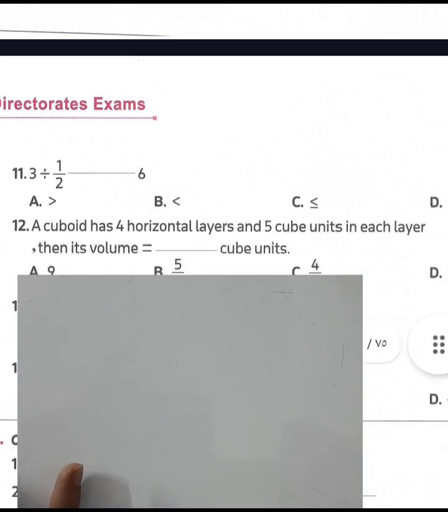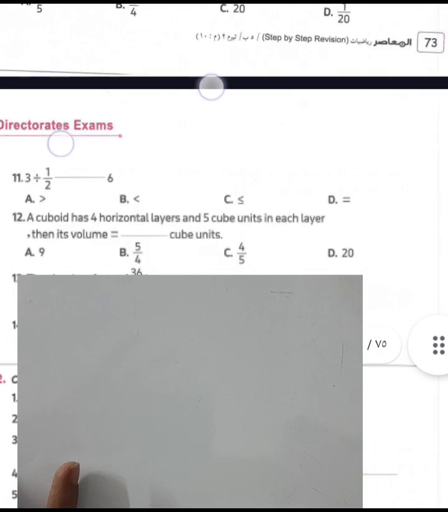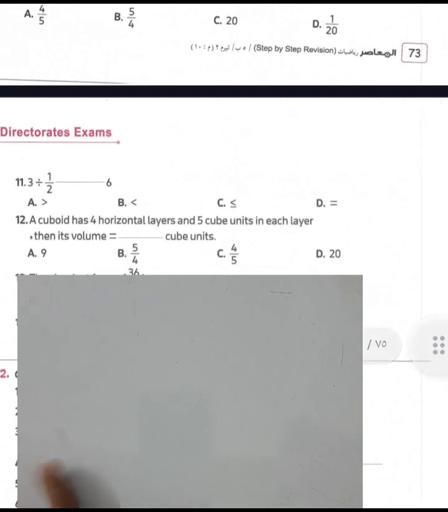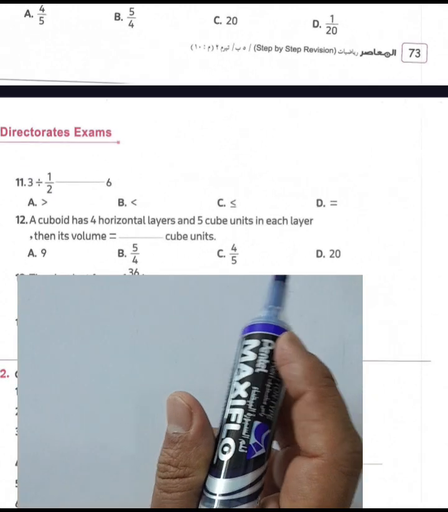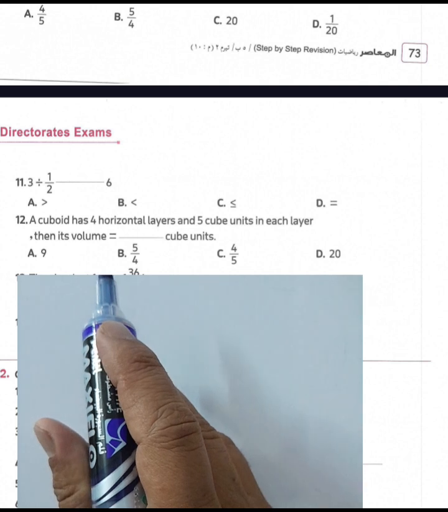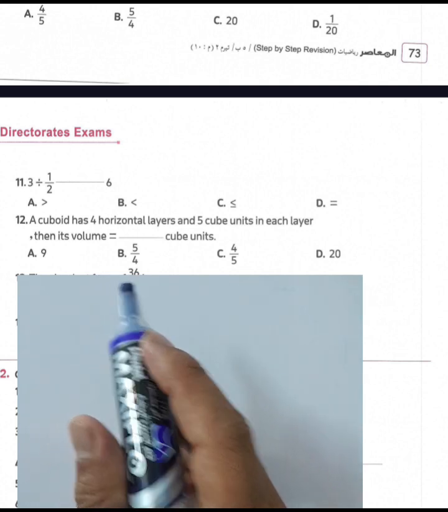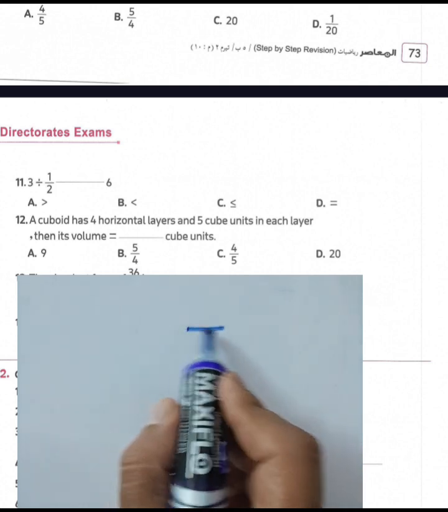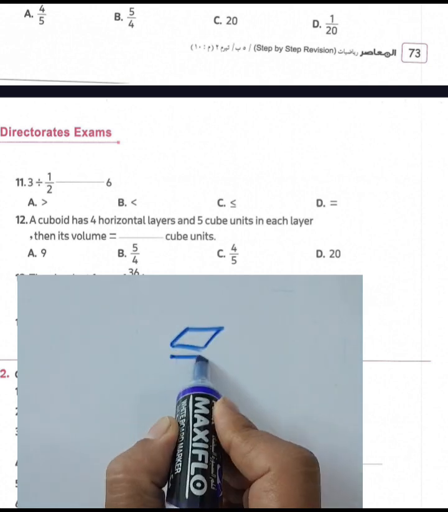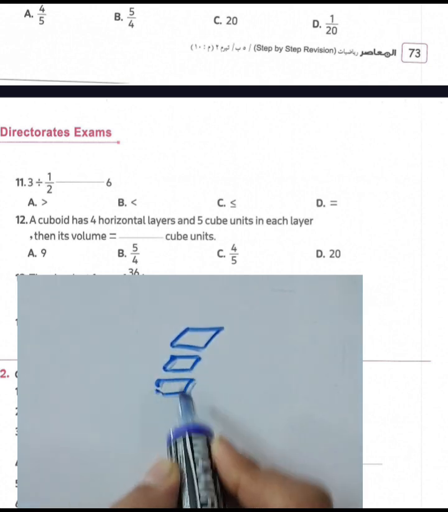Question 12. A cuboid has 4 horizontal layers and 5 cube units in each layer. Then its volume, we can write as the product of the number of horizontal layers. Horizontal layers here 1, 2, 3, 4.